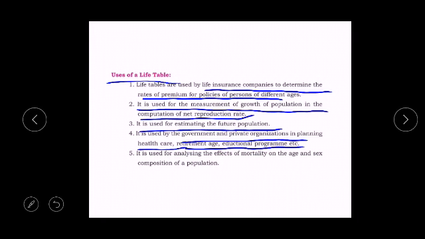It is based on the life table. The life table tells us the longevity, how long a newly born baby will survive, and it helps in calculating the average age.